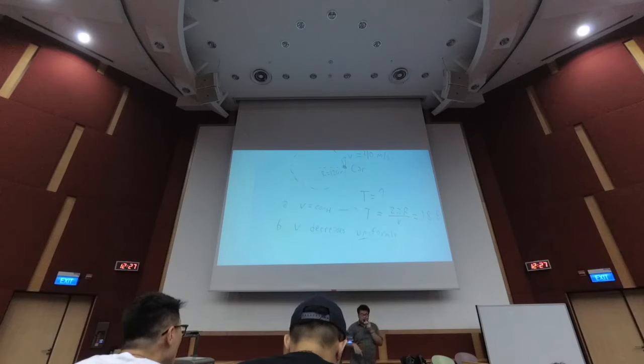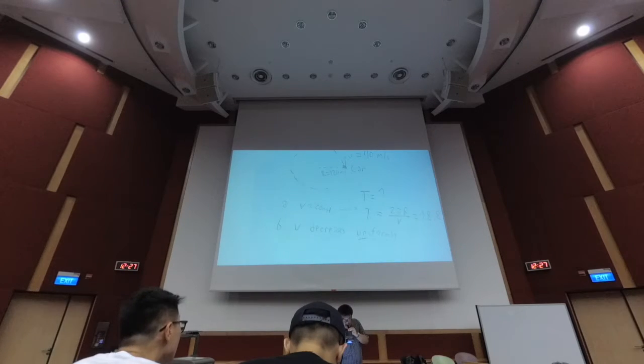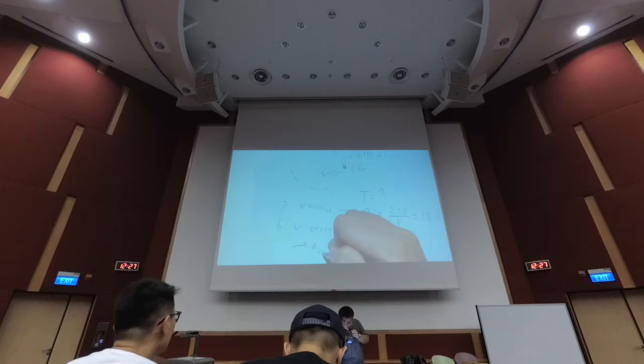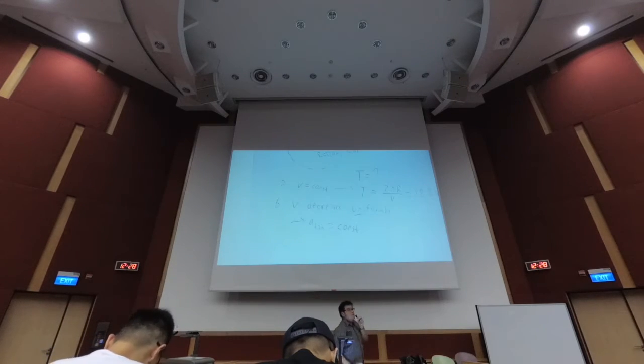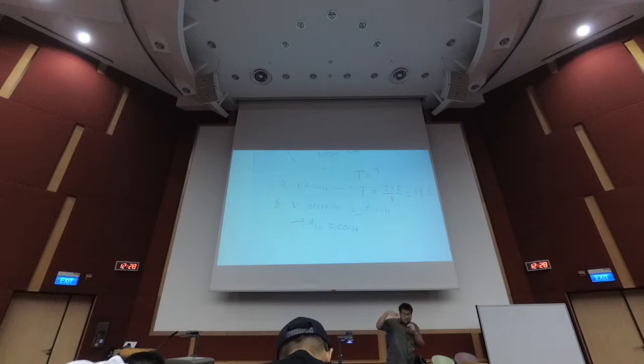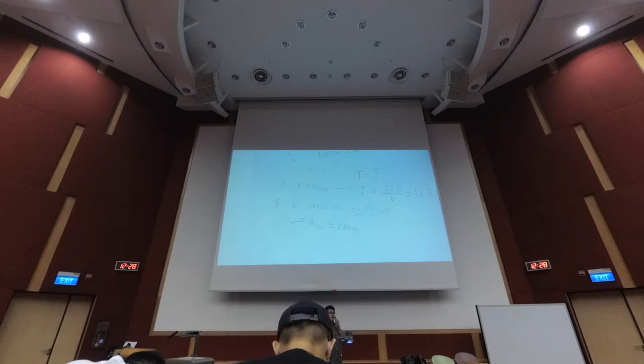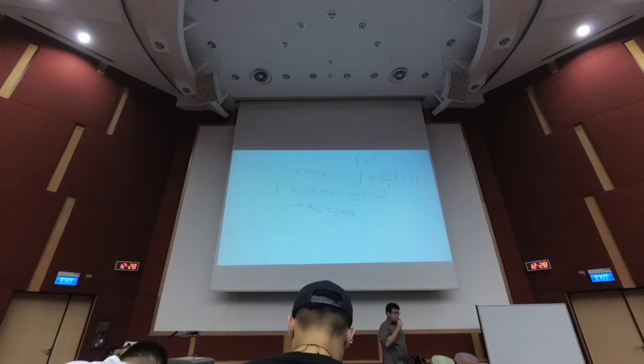So tangential acceleration is constant. If you remember what I just explained a few seconds ago, constant tangential acceleration means that we can use the kinematic equation. So that's what we are going to do now.